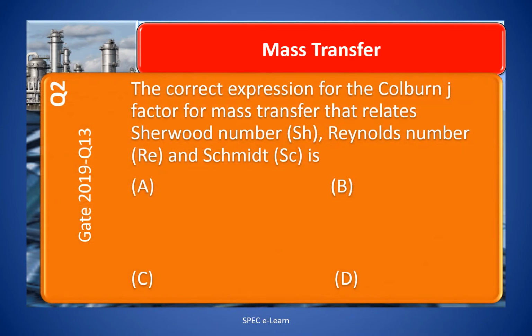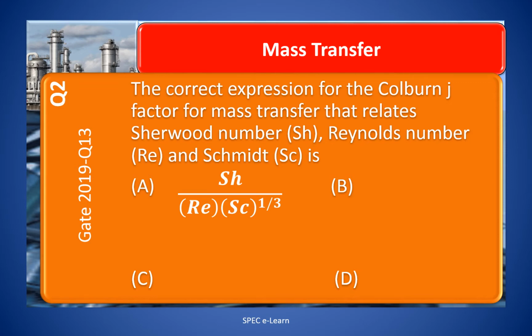Question number 13. The correct expression for the Colburn J factor for mass transfer that relates Sherwood number, Reynolds number and Schmidt number is: option A, Sherwood number divided by Reynolds number multiplied by Schmidt number to the power 1 by 3.